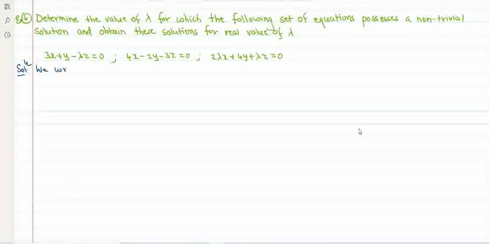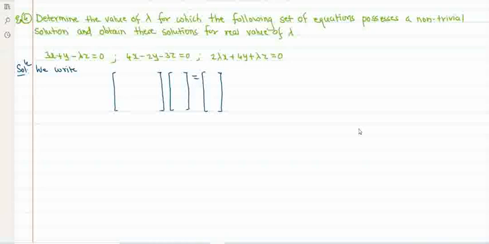We write in the matrix form, first coefficient matrix multiplied by matrix of unknowns equal to 0 matrix. Unknowns are x, y, z. First row 3, 1 minus lambda, 0.